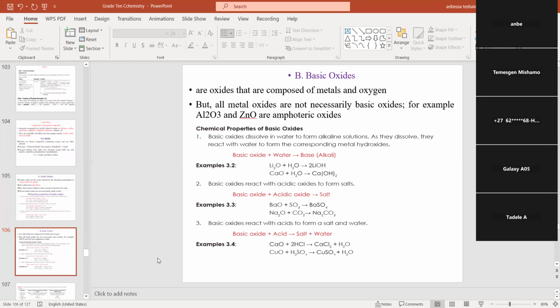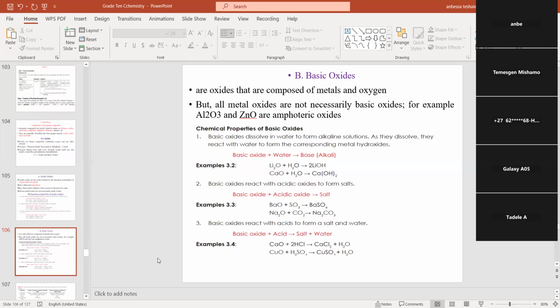For example, aluminum oxide and zinc oxide are examples of amphoteric oxide. That means an amphoteric oxide sometimes acts as acidic oxide, sometimes it acts as a basic oxide.